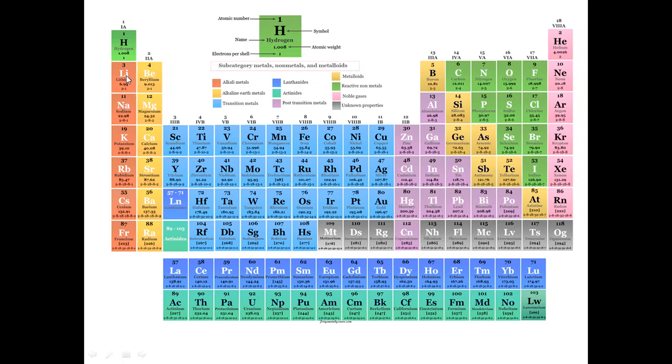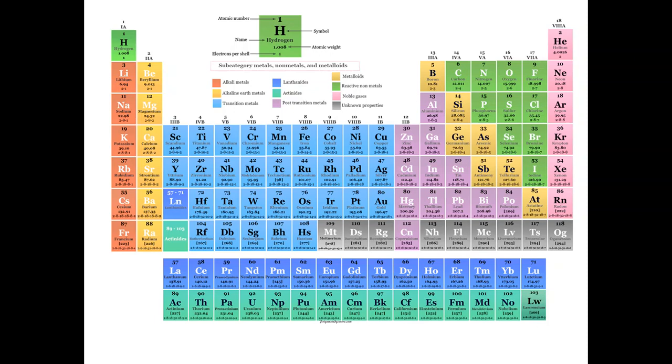Bear in mind, when an atom loses an electron, the number of protons exceeds the number of electrons, hence it assumes a plus charge. When an atom gains an electron, the number of electrons exceeds the number of protons, hence it assumes a minus charge. So all the elements in group 1, which we call the alkali metals, form a plus charge by losing an electron to an electron deficient species.